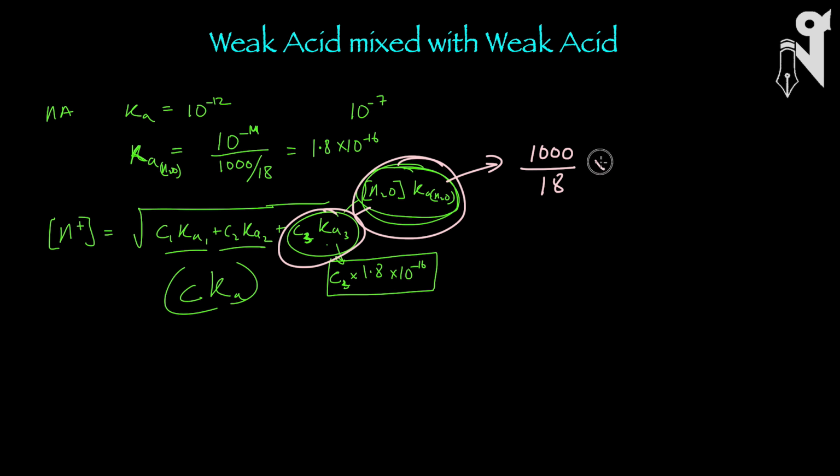Ka of water is 10 power minus 14 divided by the concentration of water, which is 1000 by 18. So you see that when you do this multiplication, this gets fully cancelled with this, and this calculation is going to come as 10 power minus 14.